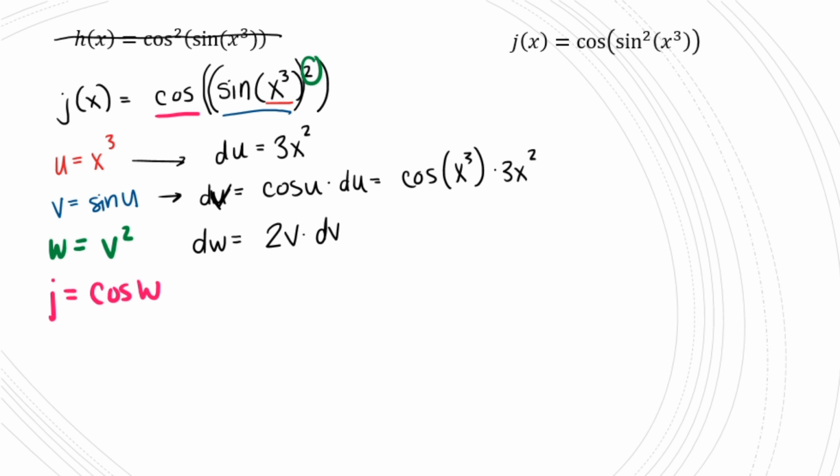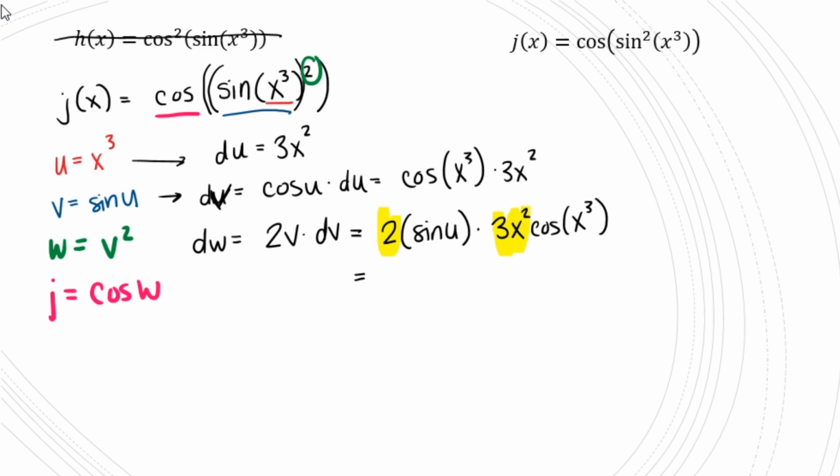Okay. V is sine u, and dv, and I'm going to start to rearrange it a little nicer, but still not super nice. 3x squared cos x cubed. Okay, so let's clean that one up one more time. I'm going to highlight this stuff and put it in front to put it together.